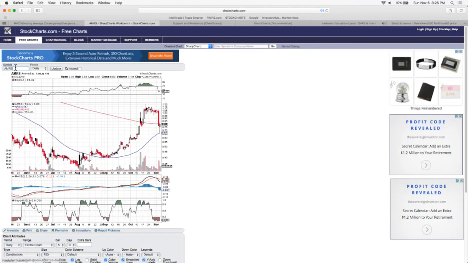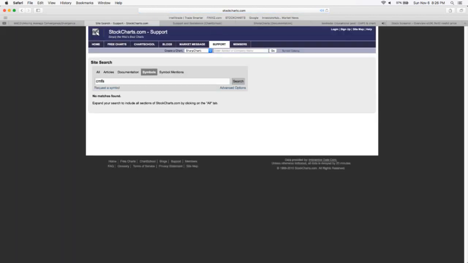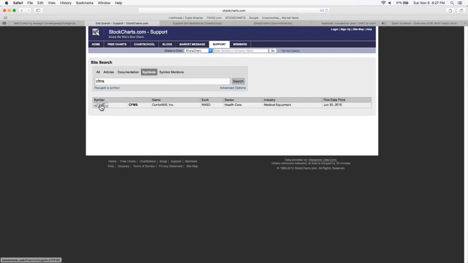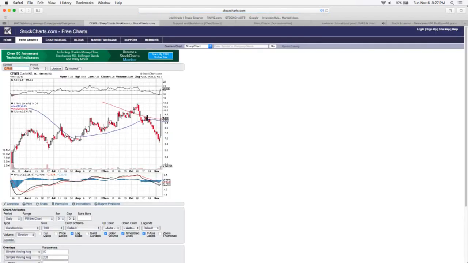It's not going to let me pull up both of them, of course, but sorry about that. All right, finally we have the chart that I'm trying to pull up.